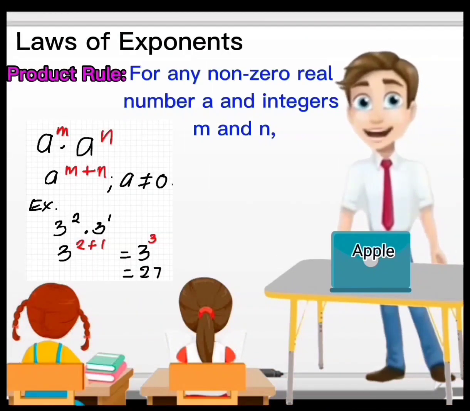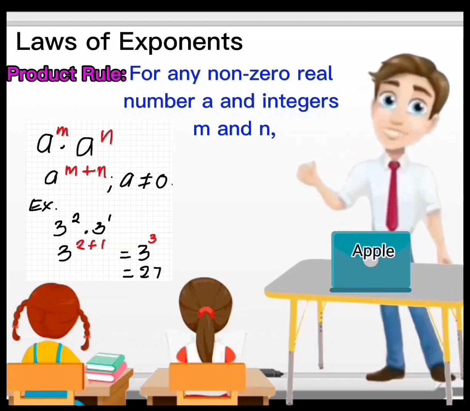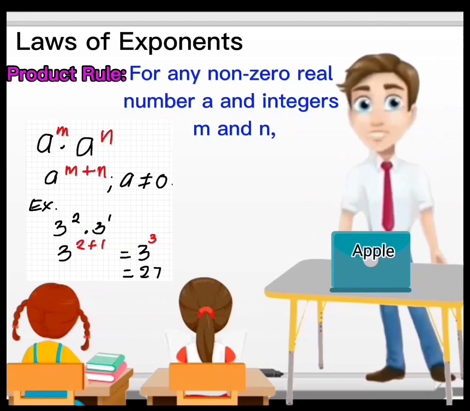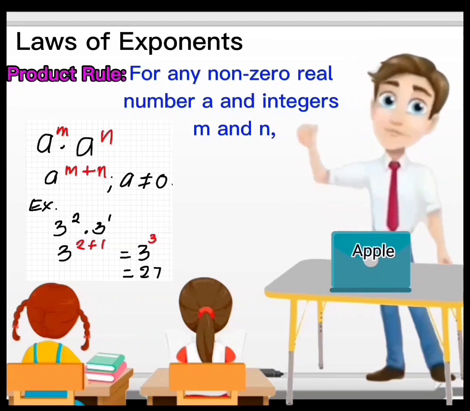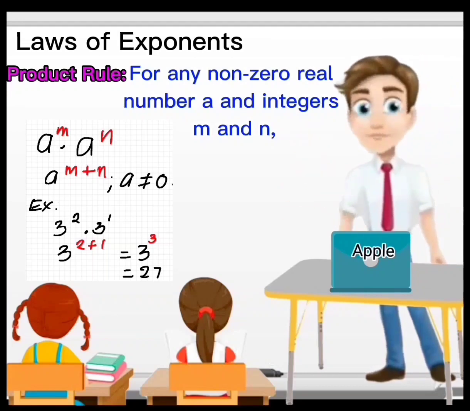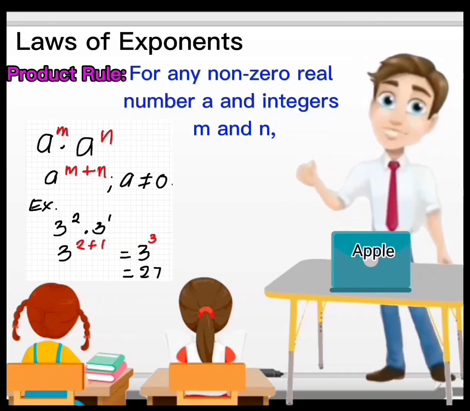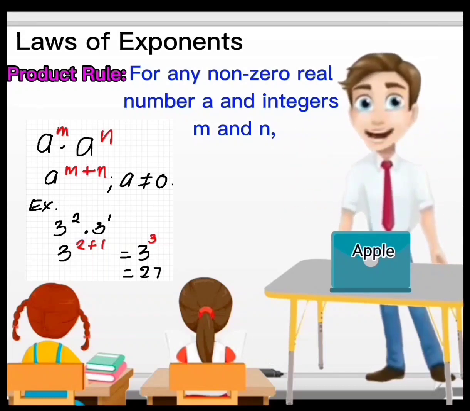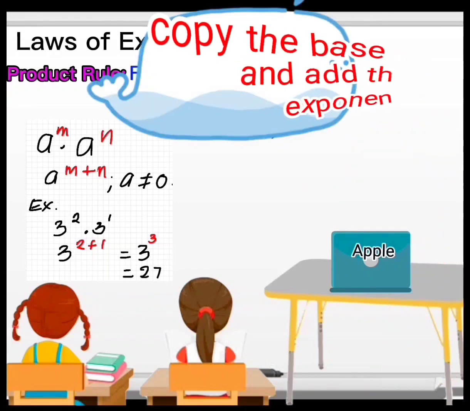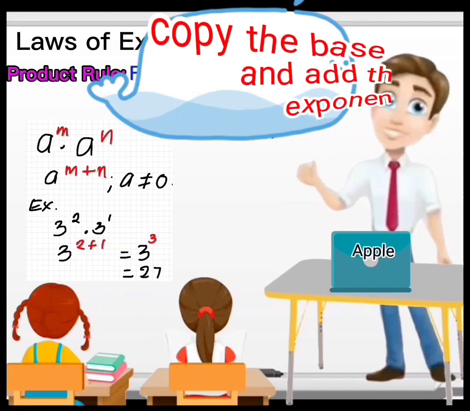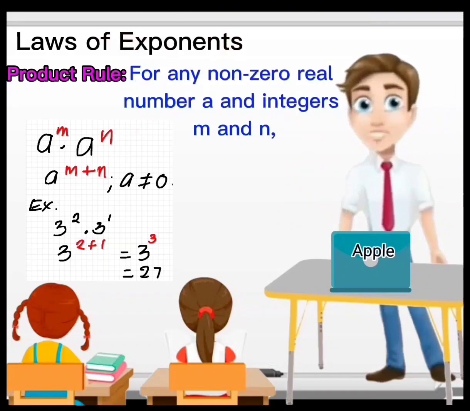Okay, let's start with the first laws of exponent. And number one is the product rule. The product rule states that for any non-zero real numbers a and integers m and n, then a raised to m multiplied by a raised to n is equivalent to a raised to m plus n, where a is not equivalent to 0.